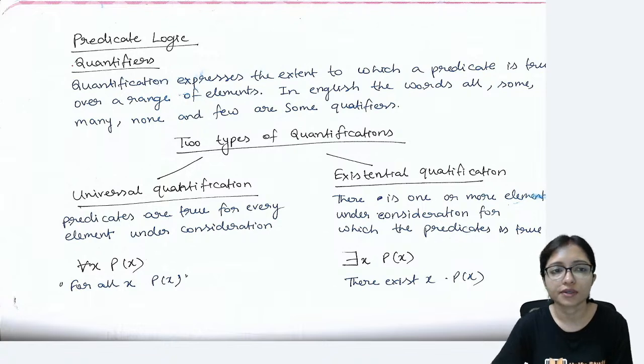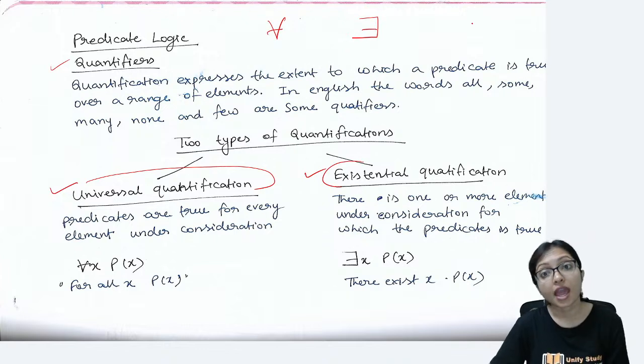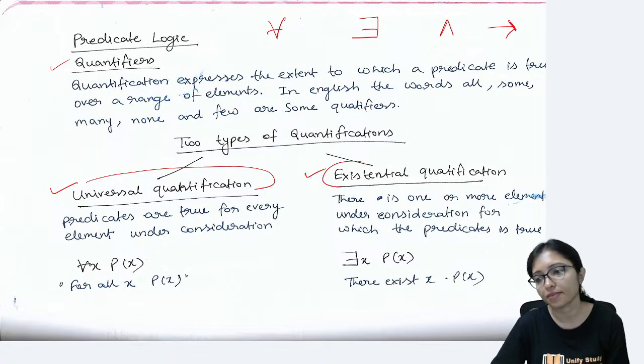Yes, now clear. Okay. So here the quantification problem. The main thing is when we are doing universal quantification and existential quantification. When should we use for all, when should we use there exists, and when should we use the implication symbol?